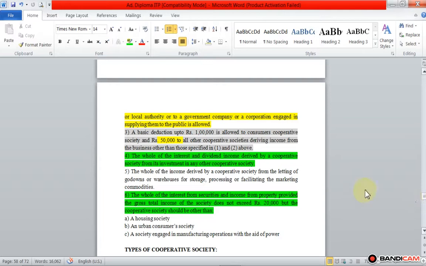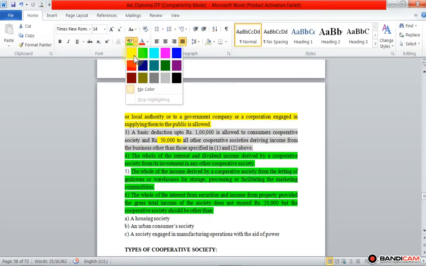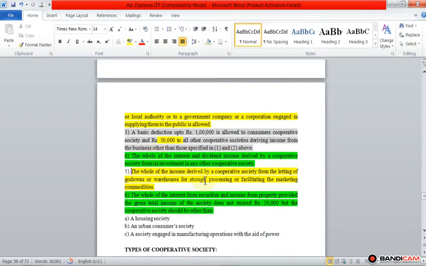Point number 5 says that the whole of the income derived by a cooperative society from the letting of godowns or warehouses for storage, processing or facilities for marketing commodities is 100% allowed for deduction.